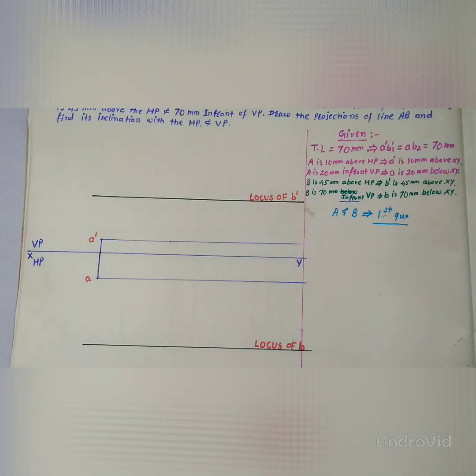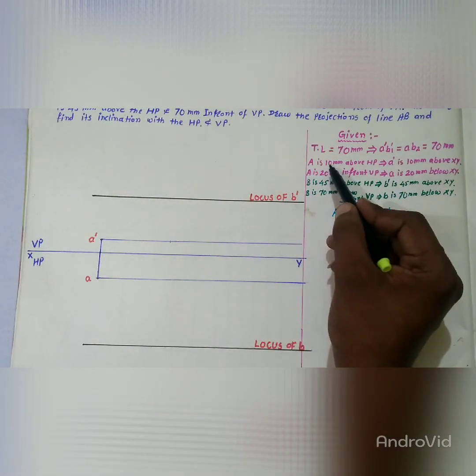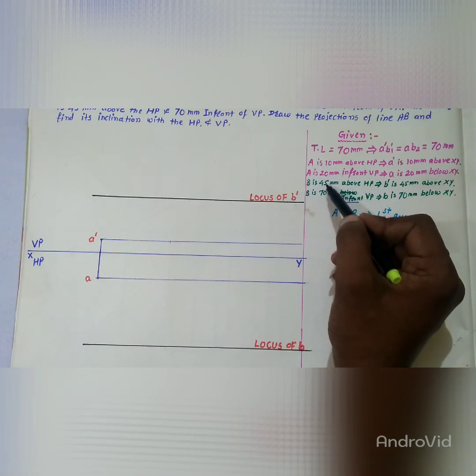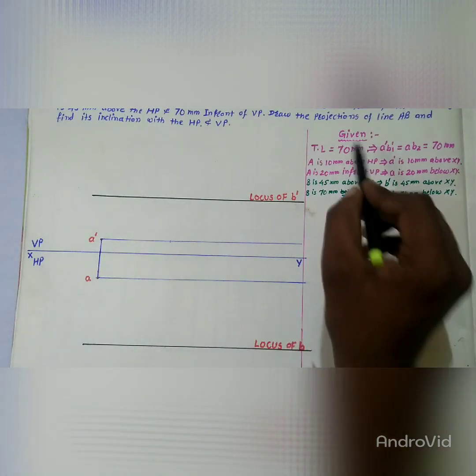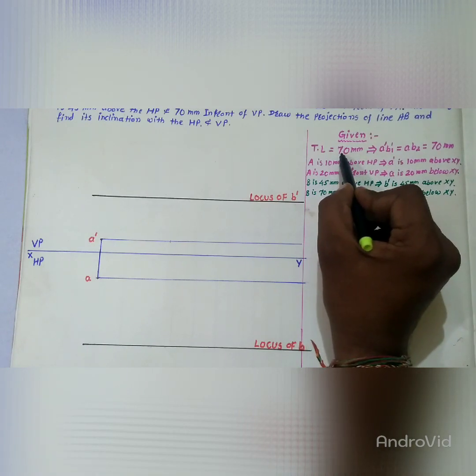Now all these four data, 10 mm, 20 mm, 45 mm and 70 mm, we have used.